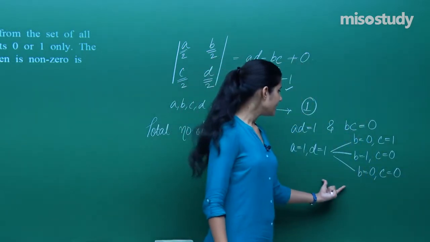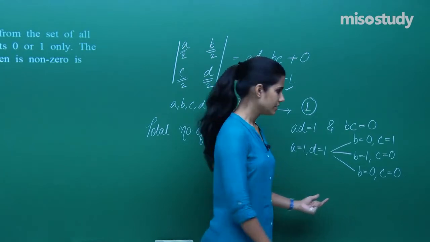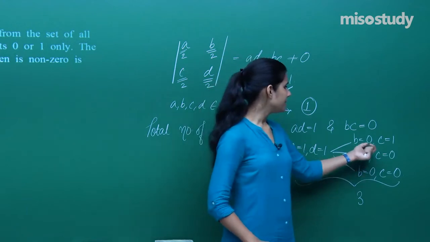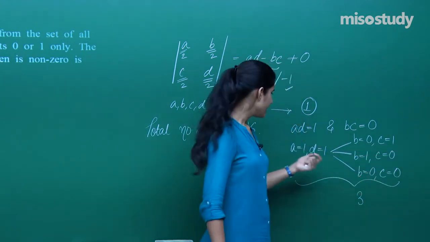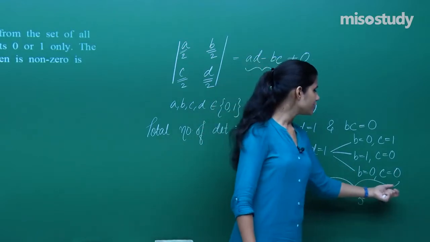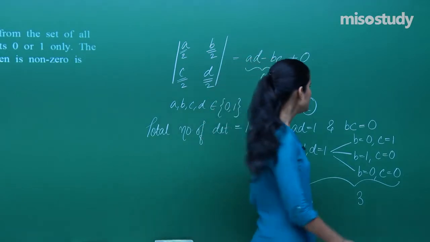So there are basically 3 determinants which are going to give you the non-zero value 1. You put A1, D1, B0, C1, this is one determinant. A1, D1, B1, C0, second determinant. A1, D1, B0, C0, third determinant. And all these are going to give you the value 1, which is non-zero.